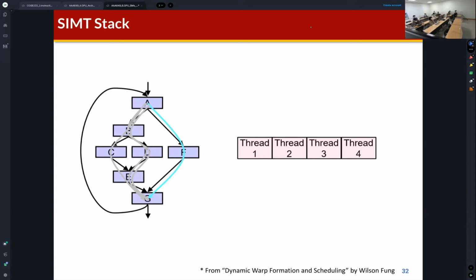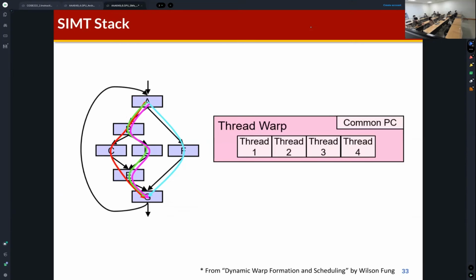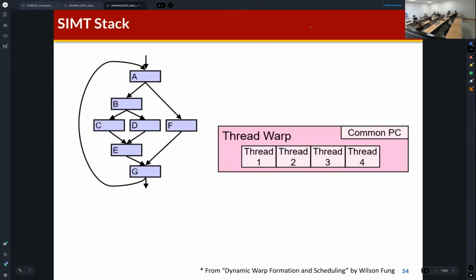The problem is that inside the warp there are multiple threads, and the multiple threads may have different execution paths like this example. It's not a good programming practice in a GPU, but it is possible.